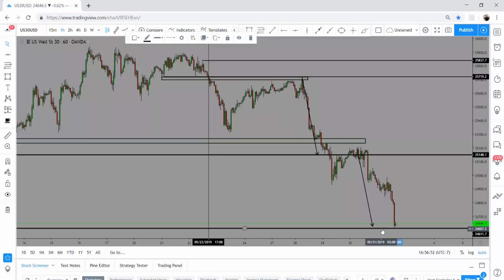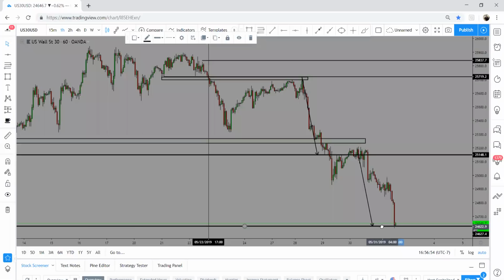It went another 5,000 pips. I don't think you guys just noticed what I did there. You would have caught 10,000 pips in just 2-3 days. That's insane.